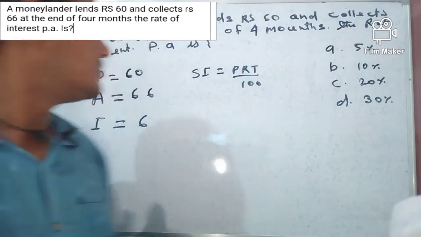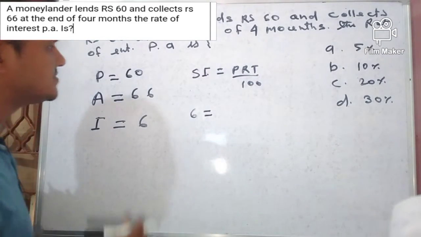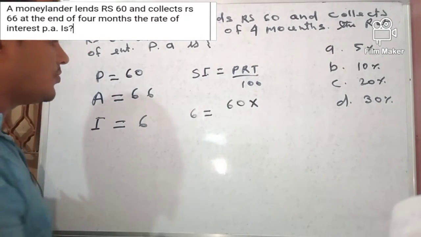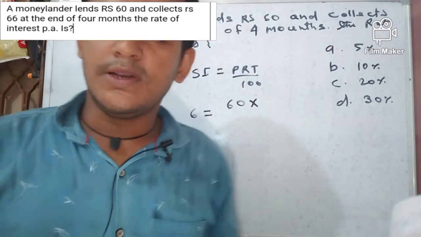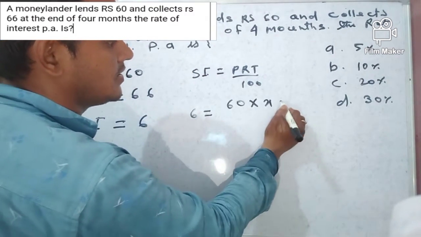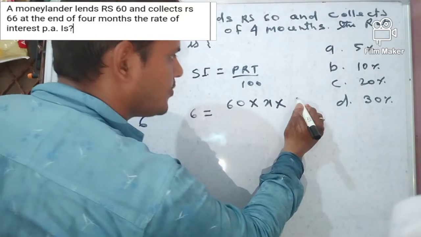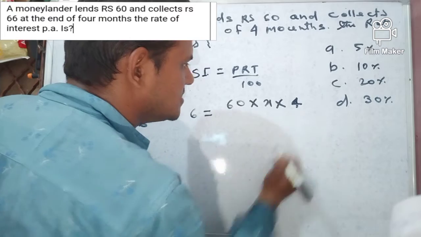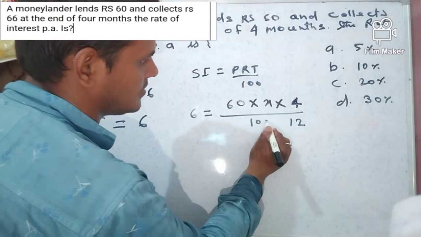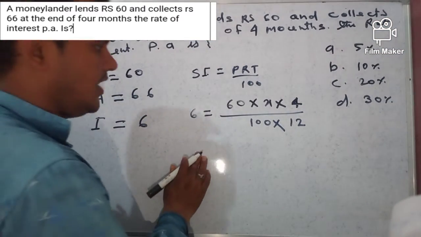So simple interest is 6, principal is 60, and rate of interest we don't know, so let me keep it as X. Time duration is 4 months, so changing it to years, it will be 4 by 12, and into 100. So solve it, it will be our answer.